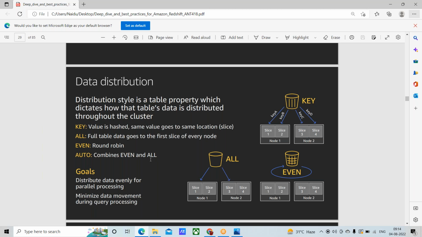We want to analyze city-wise sales, location-wise employees, or date-wise, week-wise, month-wise. So we will be analyzing the data with respect to different dimensions, which means we need to join the data with different tables.